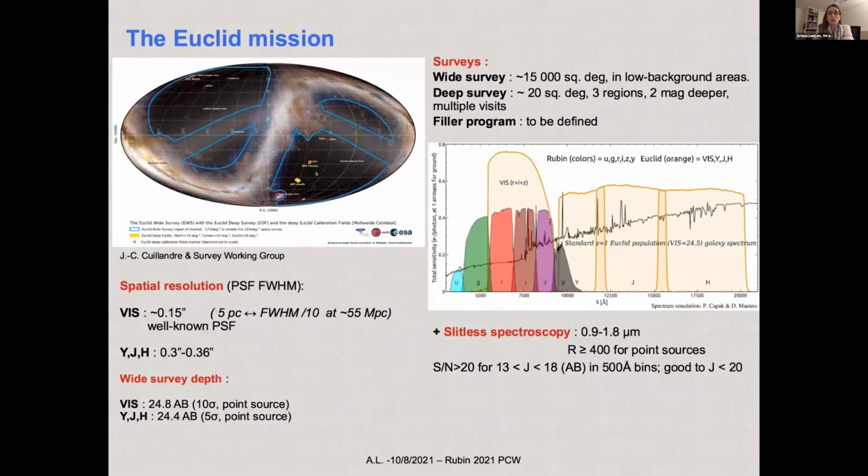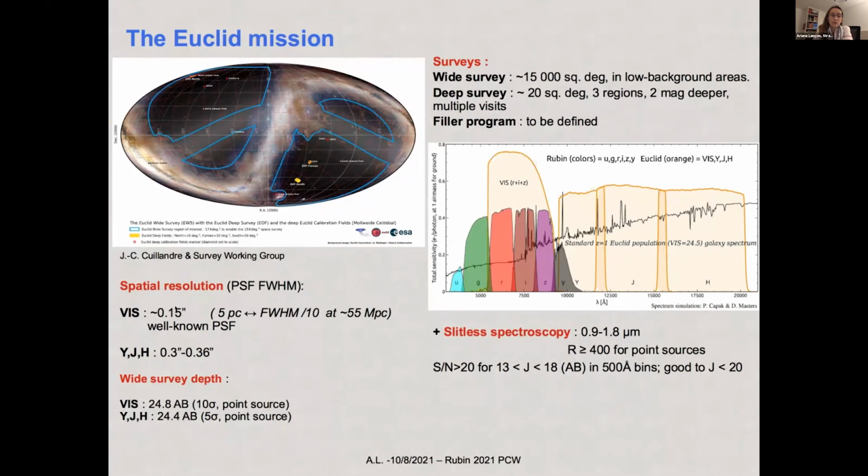There are also small deep surveys that are the yellow patches here, here, and there. And there's going to be a filler program for dead time that will be able to observe certain points in the Milky Way, for example. The filters are shown here. You have this broad Vis filter and 3 near-infrared filters that are also very broad.